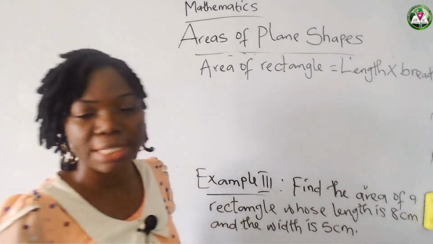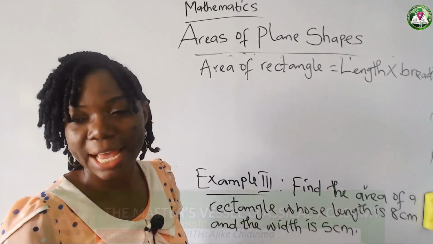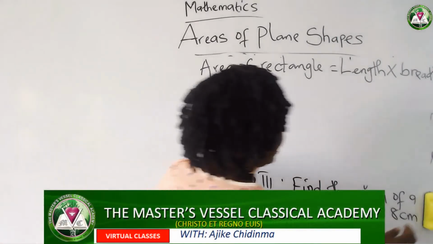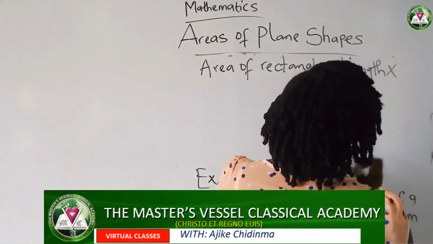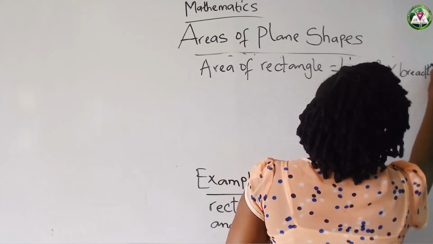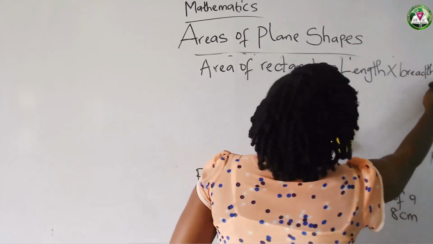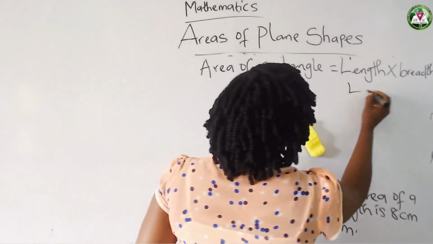I already told us that to find the area of a rectangle, it is length times breadth. Length times what? Breadth. Which is the same thing as L times B.